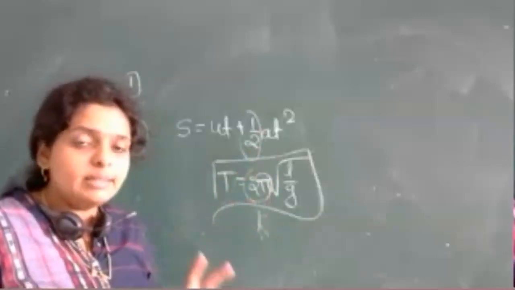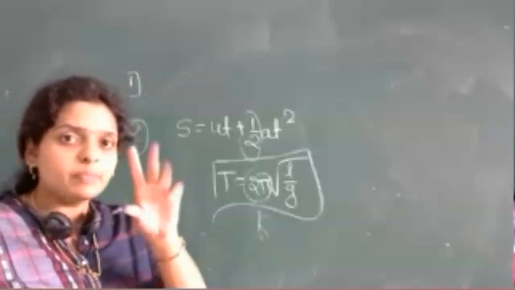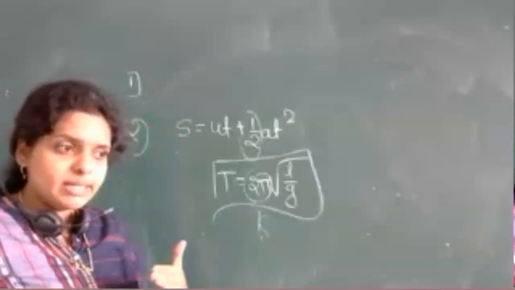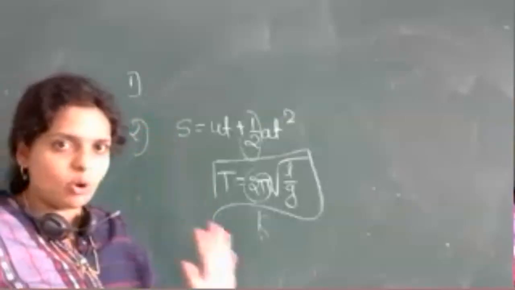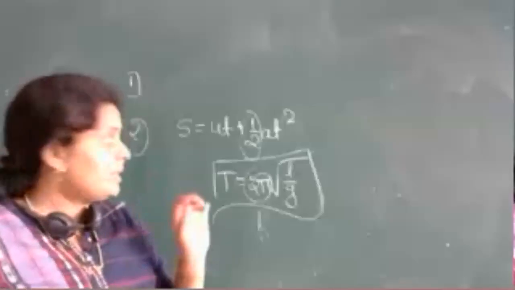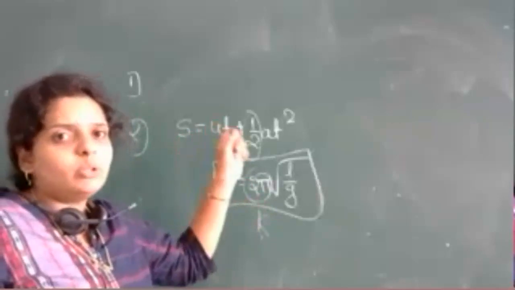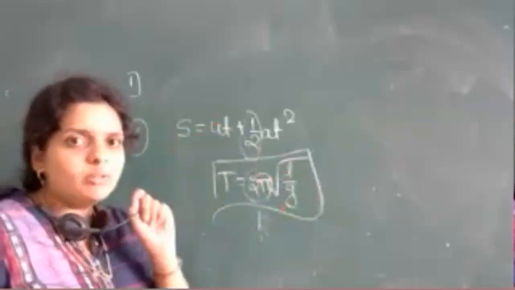Is it clear? This is the second limitation of dimension analysis. The first is that dimension formulas are fewer than physical quantities. The second is that constants and numerical values don't have a dimension formula.